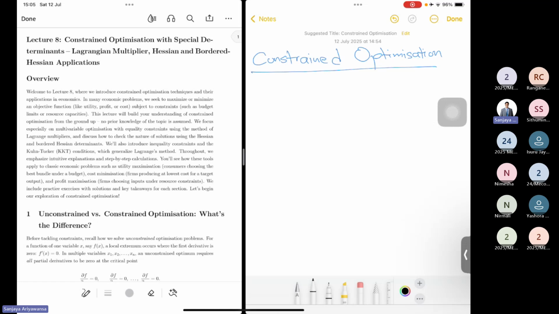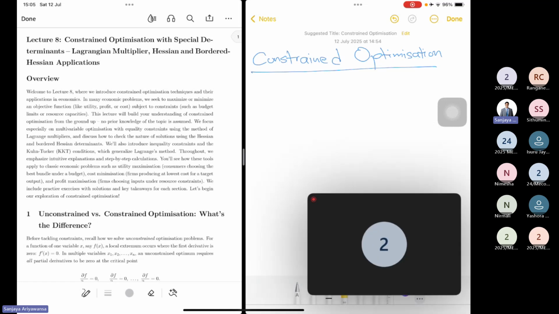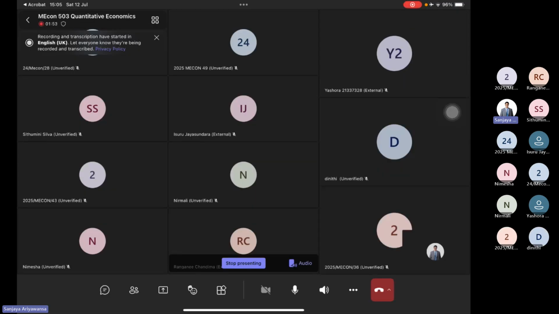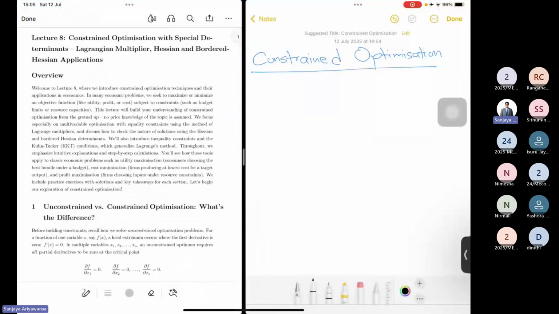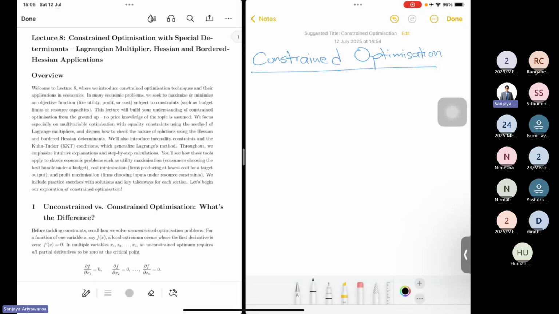Before I start, I've been marking your mid-sem papers. It's not yet done. What I wanted to do through the mid-semester exam is to identify, now I gave you a model paper, whether you identified the similar type of questions that were given in the model paper.